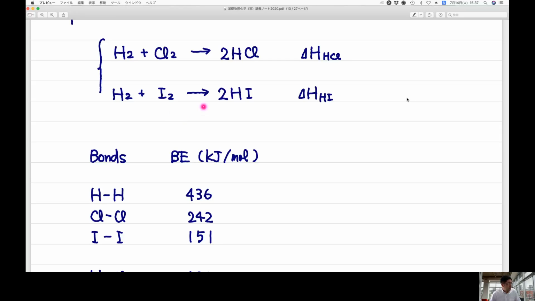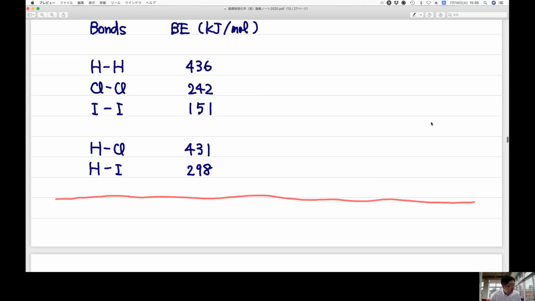Maybe this reaction somehow could proceed, but some iodine and hydrogen should remain in the reactor. This is one of the important ways to think about the reaction.